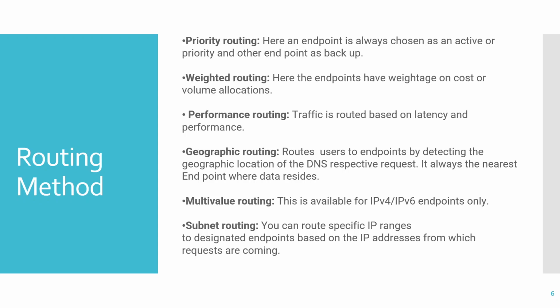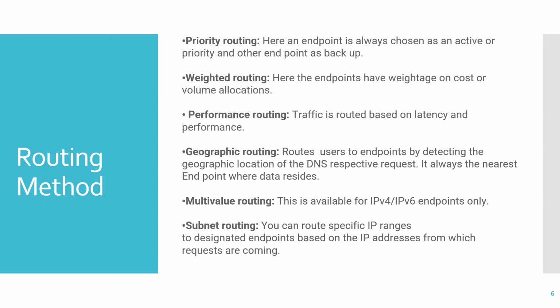It is always the nearest endpoint where data resides. That is one example. Another example: due to regulatory compliance, a specific client or a specific request may need to go to a specific geography.